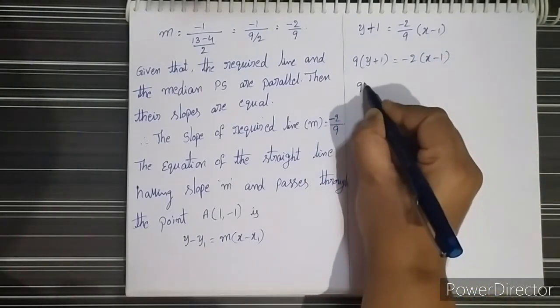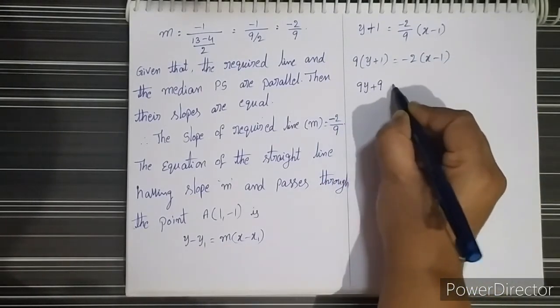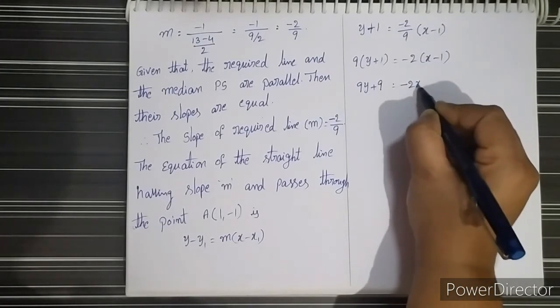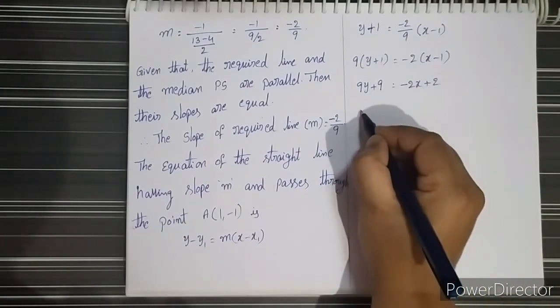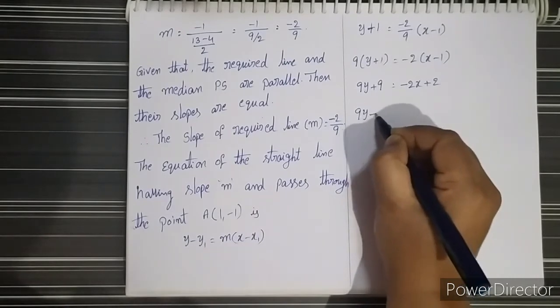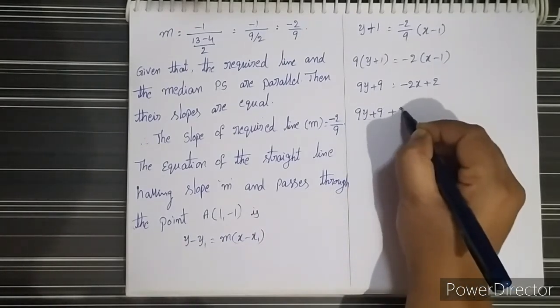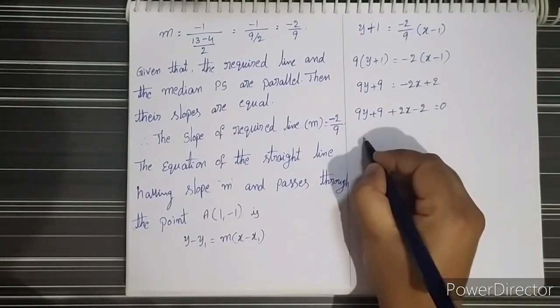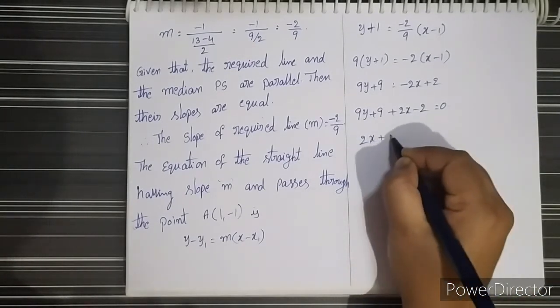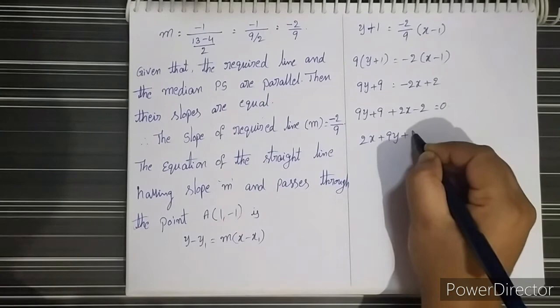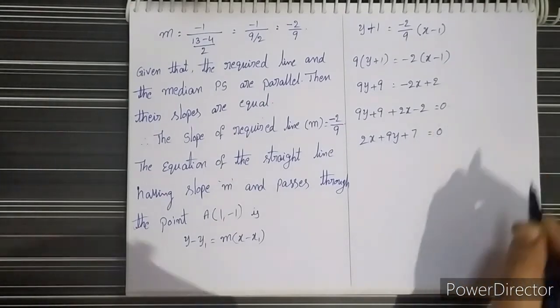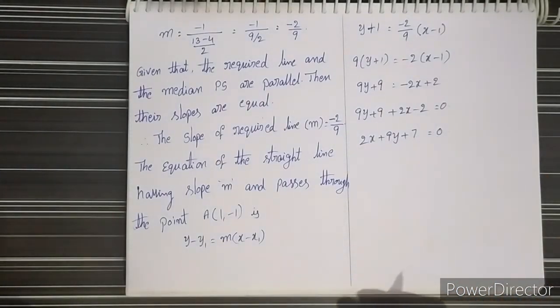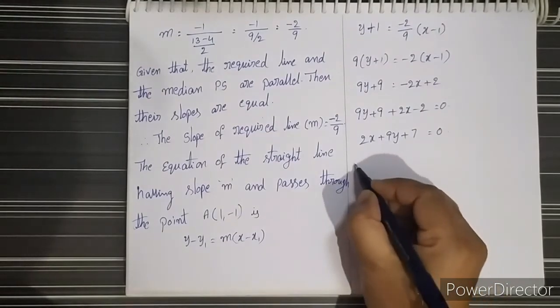Then 9y plus 9 equals minus 2x plus 2. Taking all values to one side, 9y plus 9 plus 2x minus 2 equals 0. From this, 2x plus 9y plus 7 equals 0. This is the required straight line equation.